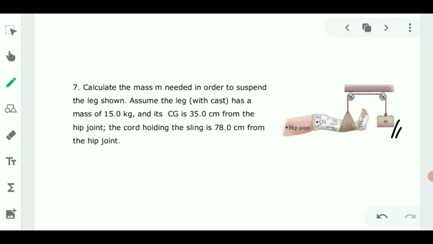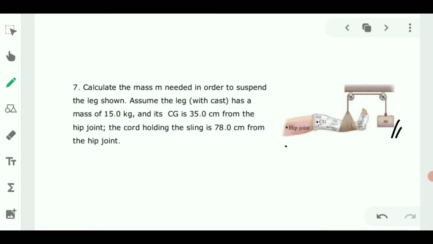We're told to assume the mass of the leg with a cast is 15 kilograms, and the distance of the center of gravity from the hip joint is 35 centimeters, and the cord holding the string is 78 centimeters from the hip joint.